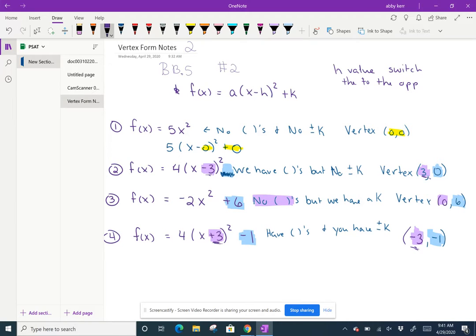And the whole reason is because it starts out with a negative. Now for the k value, there is no switching. So I saw a plus 0, it was a 0. I saw no number, it was a 0. I saw a plus 6, it's a positive 6. I saw a minus 1, it's a minus 1.